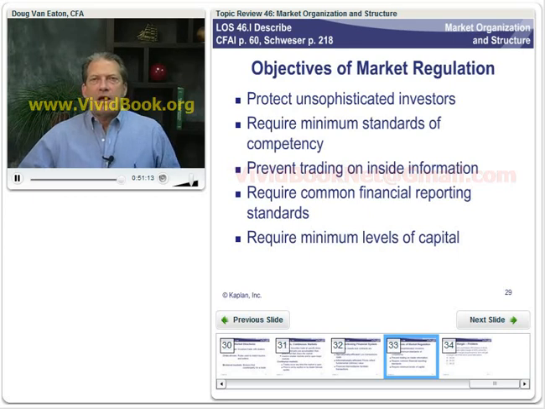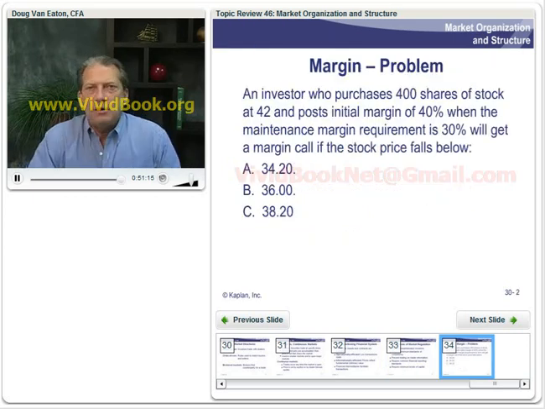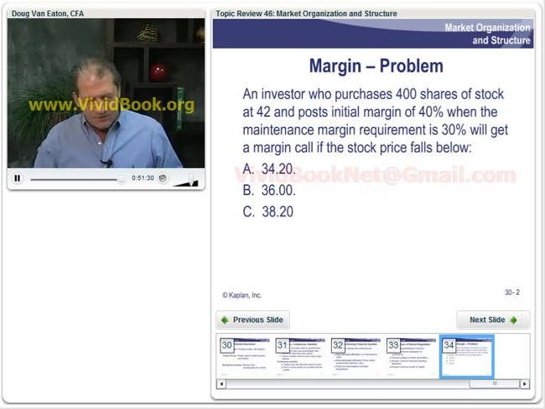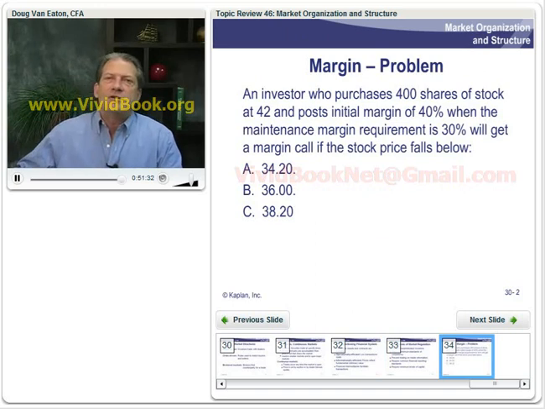Well, our last slide here is a problem. An investor who purchases 400 shares of stock at 42 and posts initial margin of 40% when the maintenance margin requirement is 30% will get a margin call if the stock price falls below. So let's just see if you can do that in about 30 seconds here.